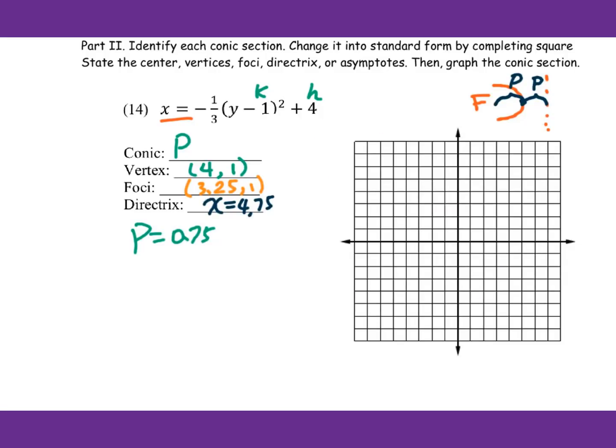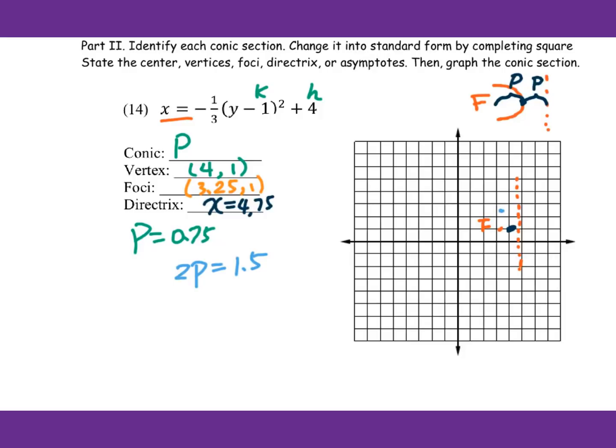Now let's sketch the graph. Vertex, that's (4, 1). It's here. Then we move to the right 0.75. That will be the directrix. Move to the left 0.25. It's here. That will be focus. Then from focus, you go up 2p. 2p will be 1.5. So go up 1.5, it's here.